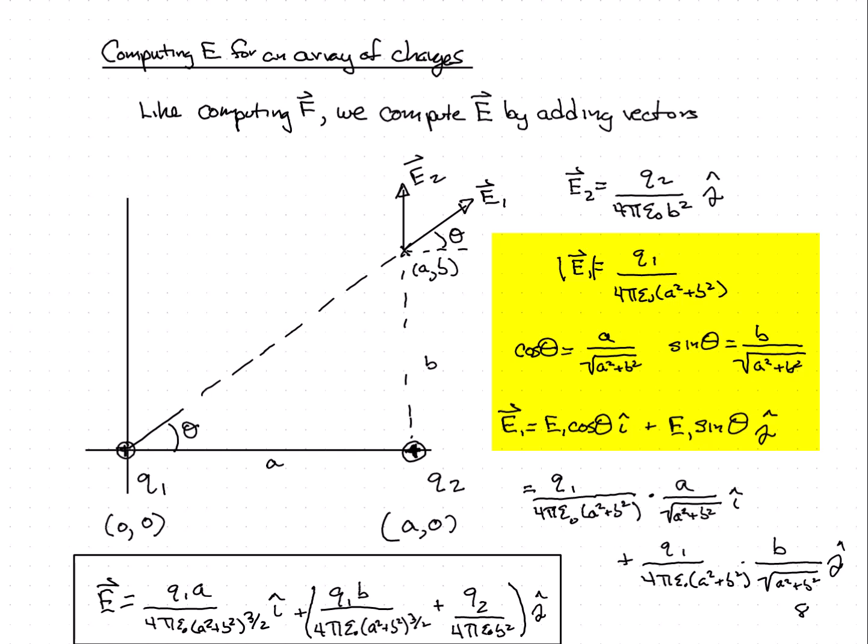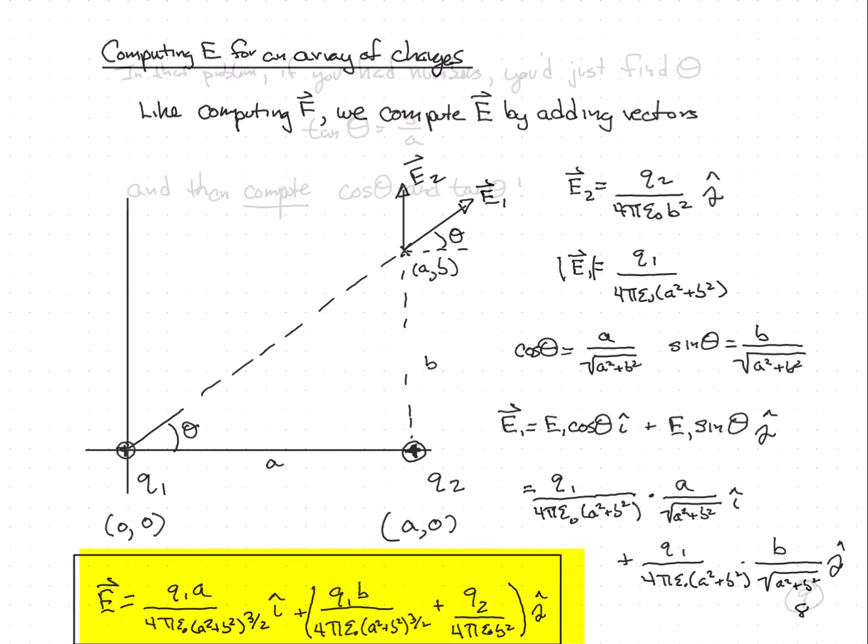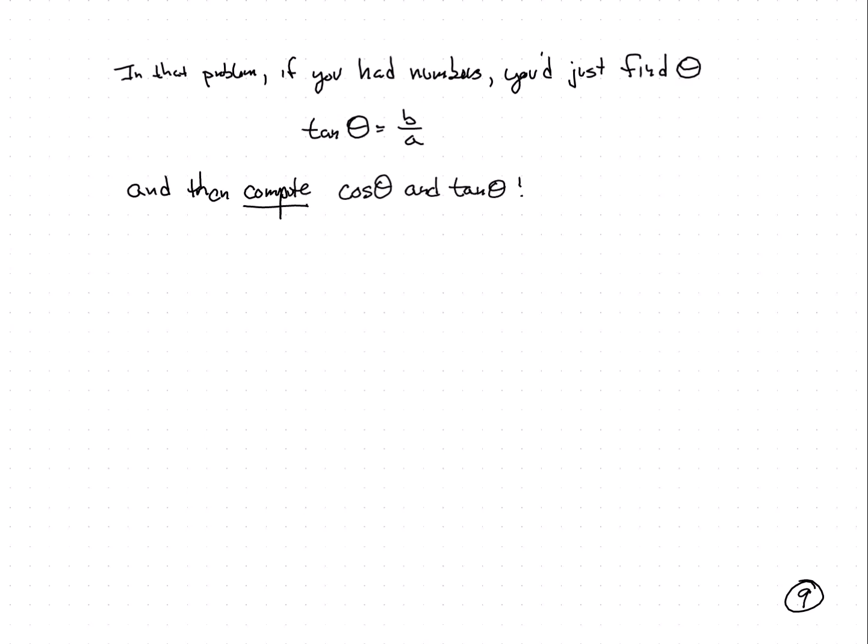So we could find the cosine and the sine, and we could then find the magnitude, Q1 over 4 pi epsilon naught times the hypotenuse. And then we could put in all the sines and cosines, write the vector component, and then come out with the full field, which we add up at the left. You could probably do this more easily if you just found the tangent if you knew the numbers. That's a good place for us to stop.